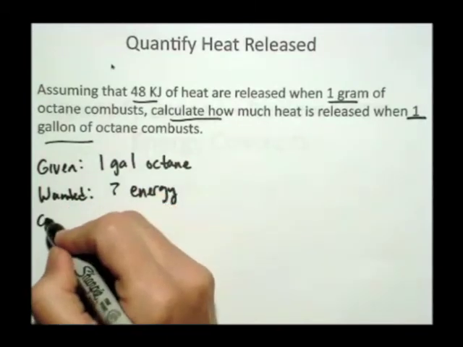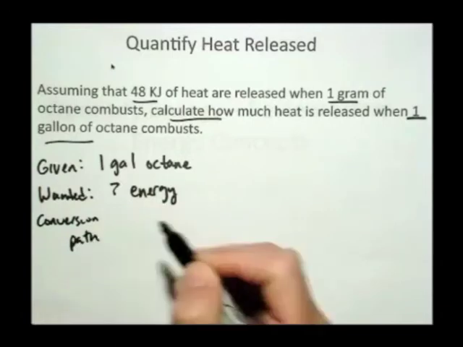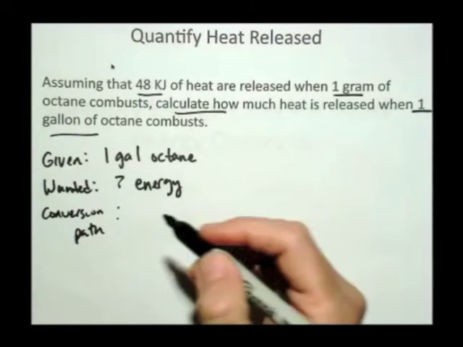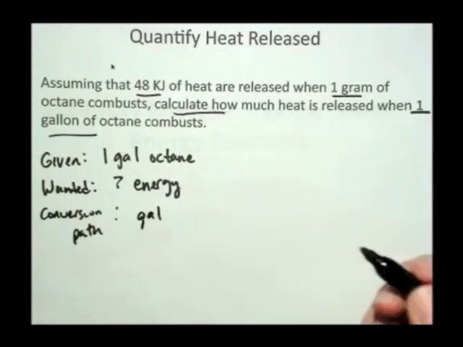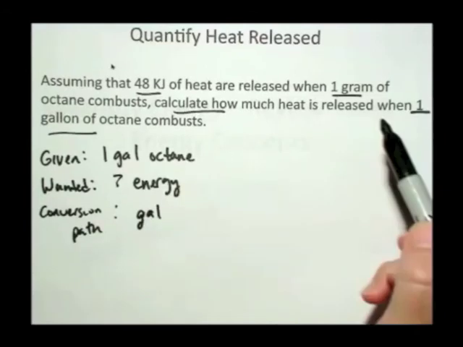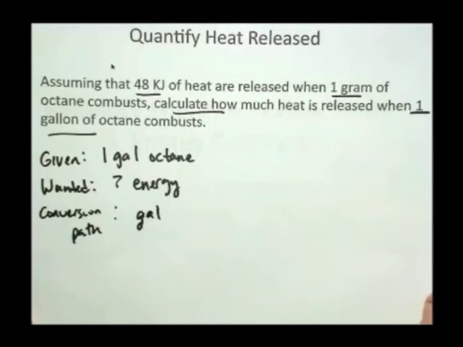And the conversion path is going to be from a volume, gallon of octane, to energy in units of kilojoules. And so we know what's given is the amount of heat given off for 1 gram.